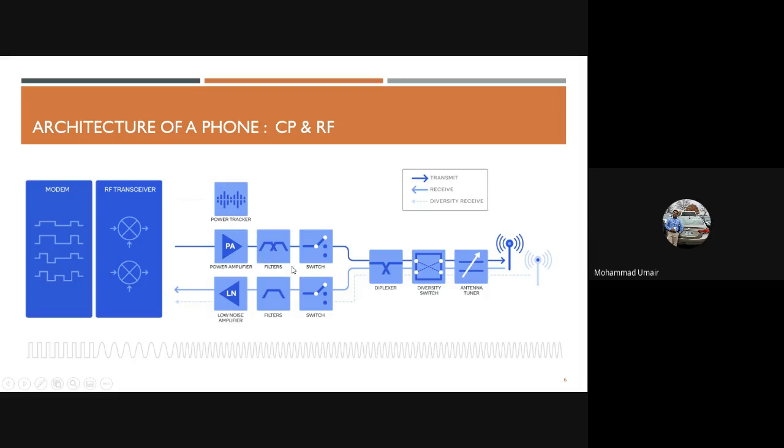You have filters, switches, and LNAs, so that when you transmit your signal there is a minimum amount of noise, and then finally it goes into a duplexer circuit, diversity, and then antenna tuner, and finally it is transmitted by the antenna.